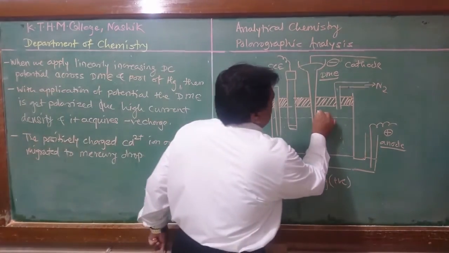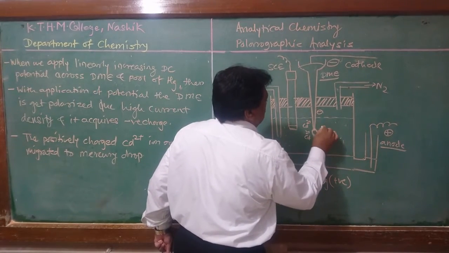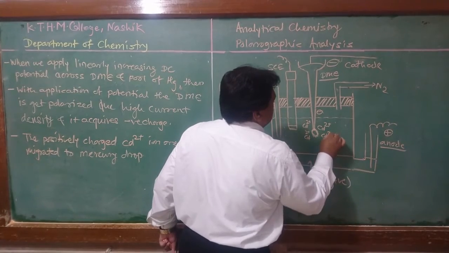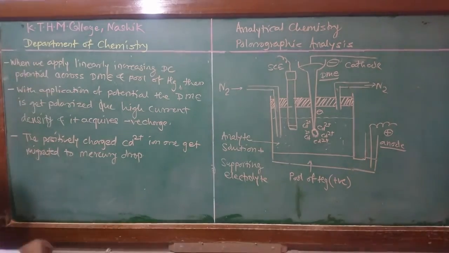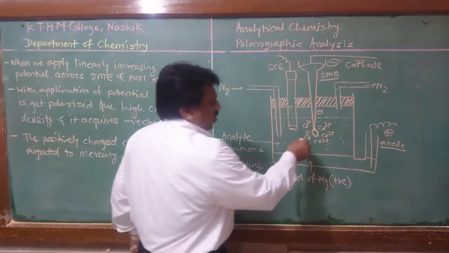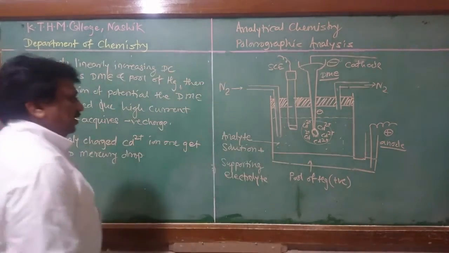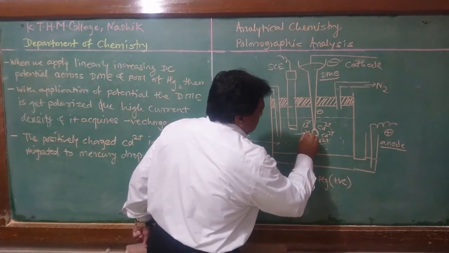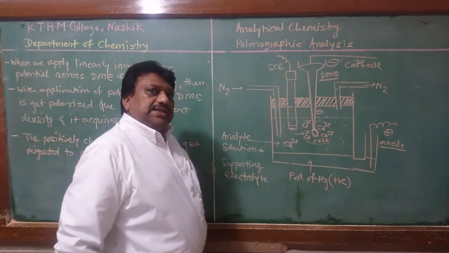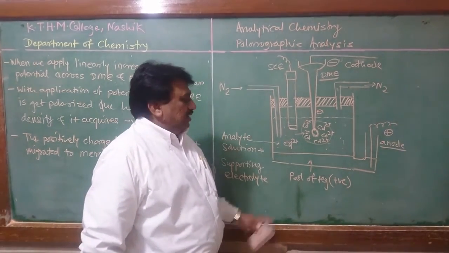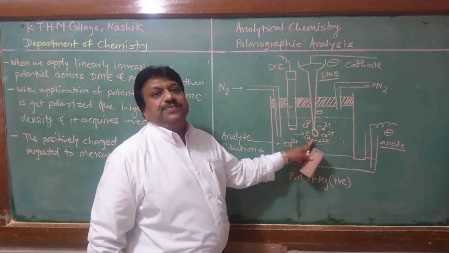As this electrode is negatively charged, the cadmium ions near the electrode surface migrate first, and when the potential reaches a sufficiently high value, there may be a reduction of the cadmium ion. The cadmium ion present in this region and the cadmium ion present in the bulk of the solution create a concentration gradient. Again, cadmium ions migrate to this region because of the diffusion process.